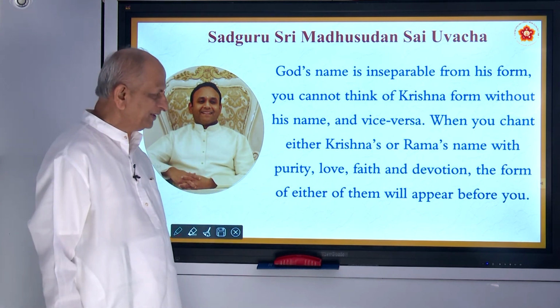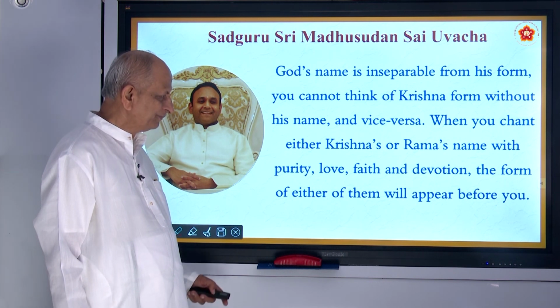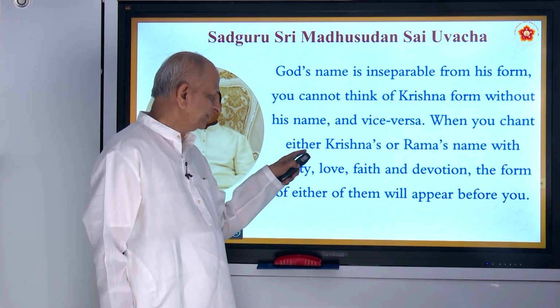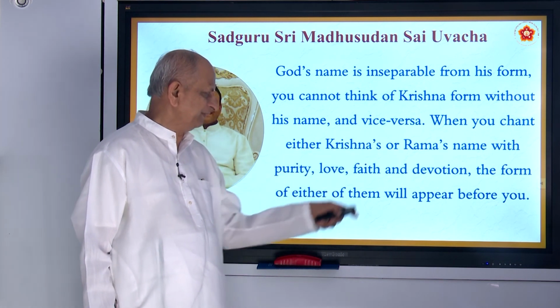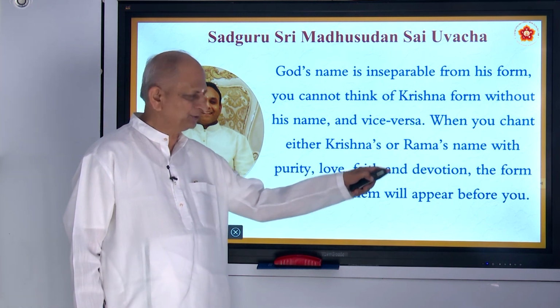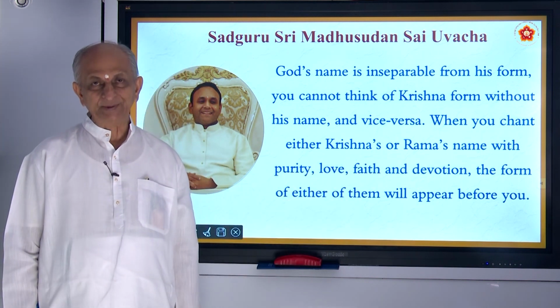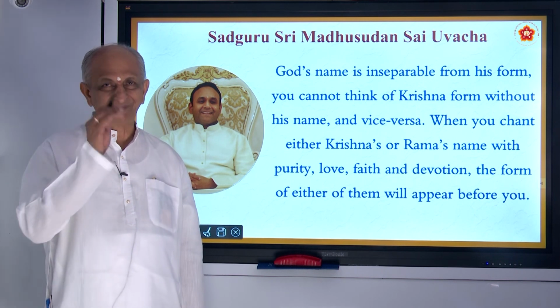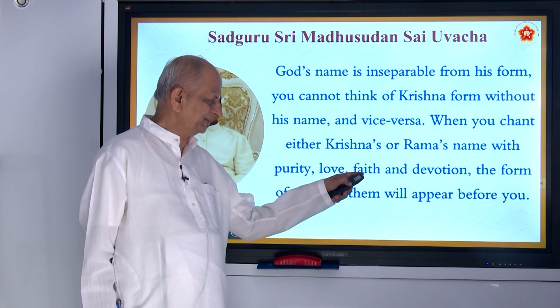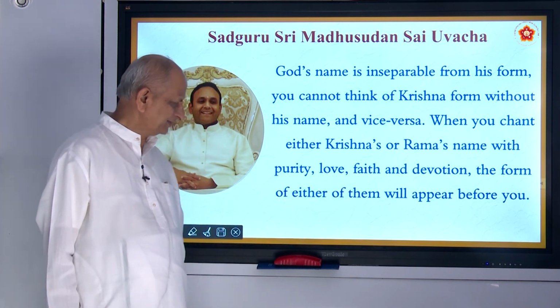So if you want to attain the Lord's form, you have to chant His name. When you chant either Krishna's name or Rama's name with purity, love, faith and devotion. There should be purity, otherwise you can't see the form. There should be love also, faith also, devotion.